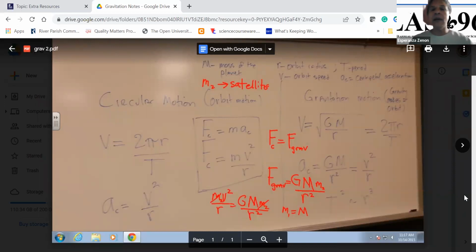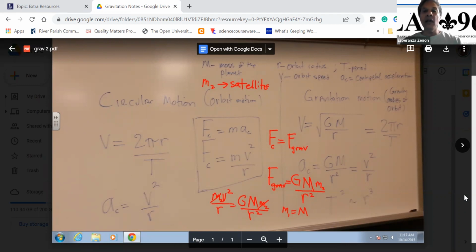Okay, now there's one relationship on the far bottom. You see it. The period squared is proportional to the radius cubed. Big T squared, and then that little squiggly line, proportional to the radius cubed. That is Kepler's law.